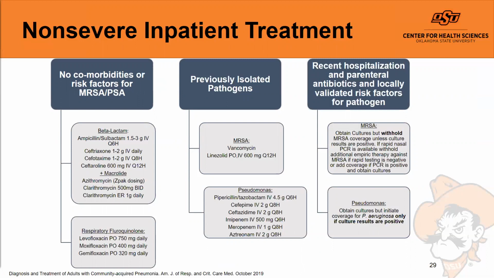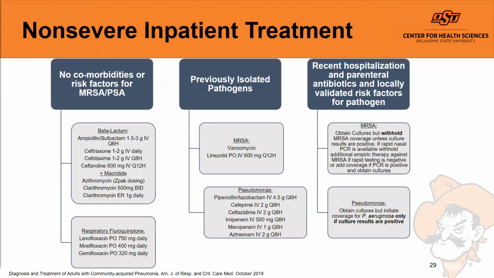And the final category we need to look at is recent hospitalization and parenteral antibiotics and locally validated risk factors for pathogens. For MRSA, we will withhold MRSA coverage unless culture results are positive in non-severe inpatients. If the MRSA nares PCR is negative, MRSA coverage can be held.